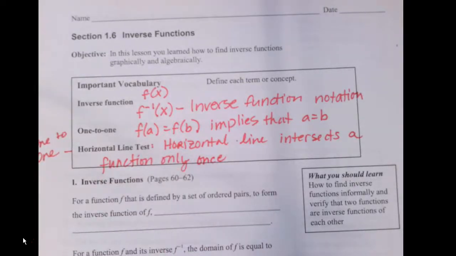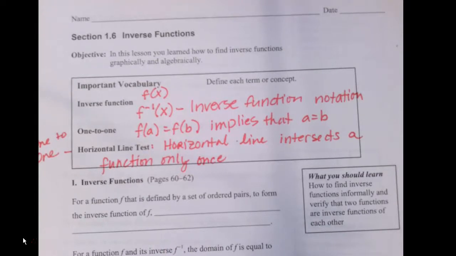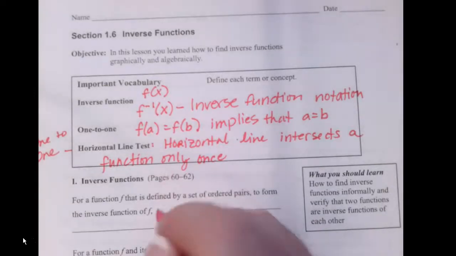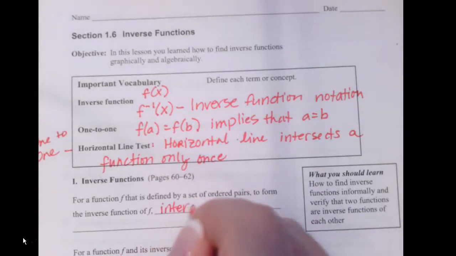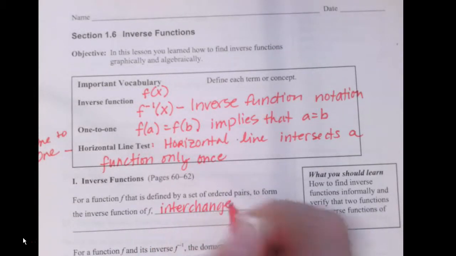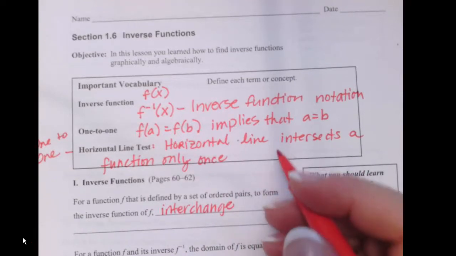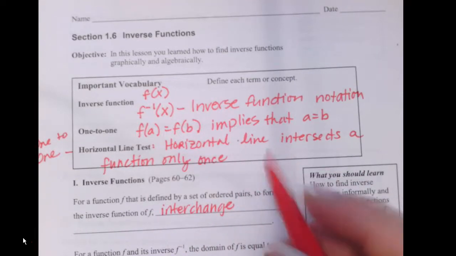For a function f that's defined by a set of ordered pairs, to form the inverse function of f, you would interchange the ordered pairs.